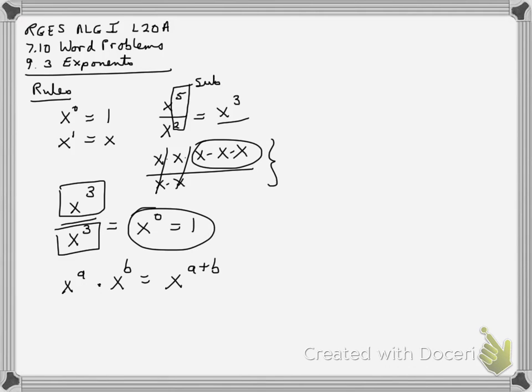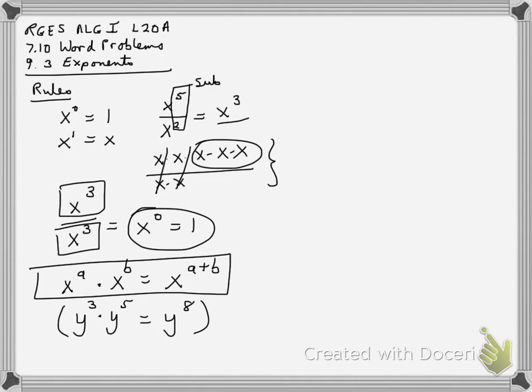To show you an example, I would say y to the 3rd times y to the 5th, and all together I have how many y's? If I drew that out, I would have y times y times y times y times y times y times y times y. I'm adding my exponents. And so this is the example. This is the rule.